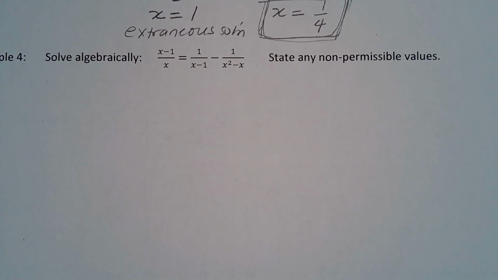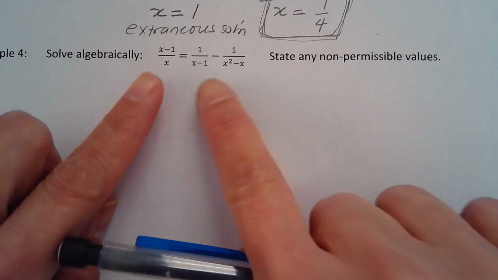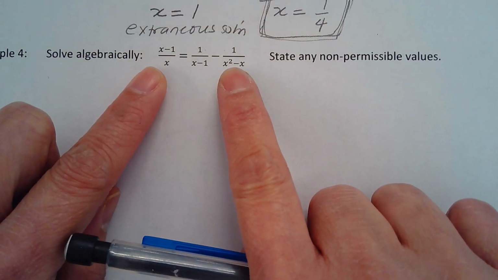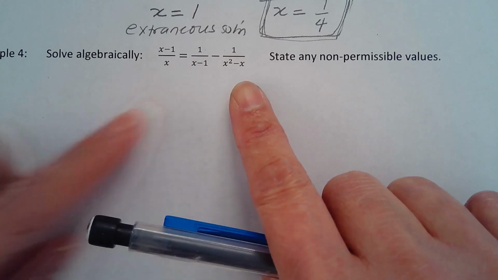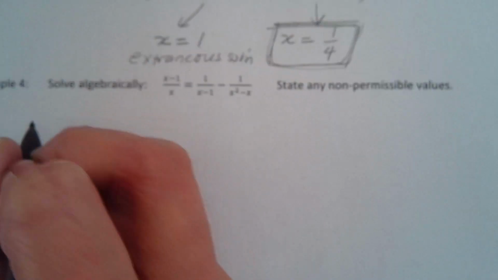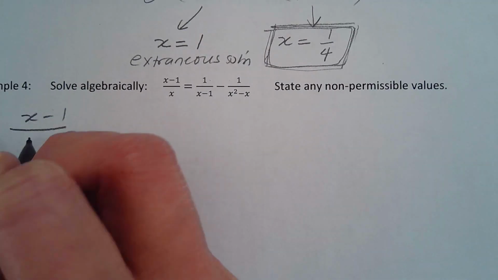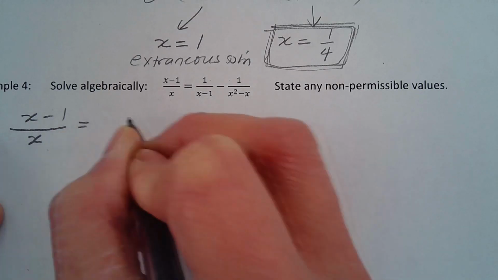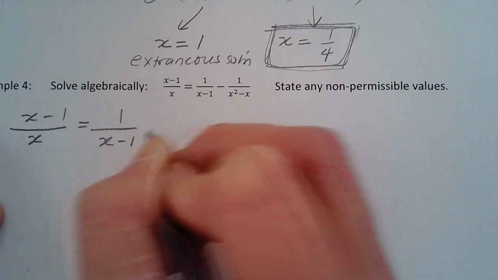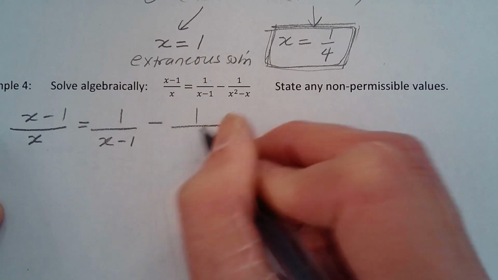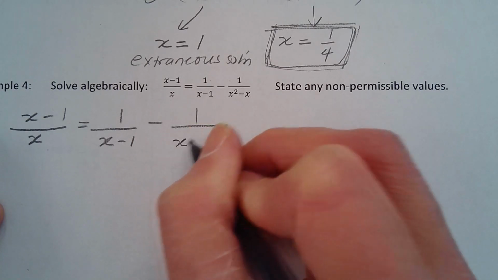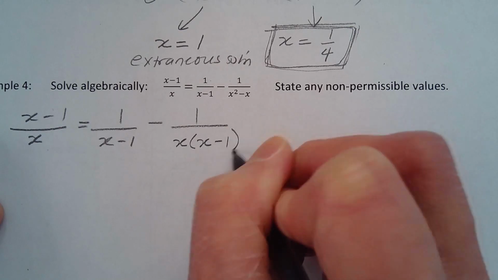Let's see this one. Let's factor out the denominator first, because that's going to make our life easy figuring out the non-permissible values. So it's going to be x minus 1 over x equals 1 over x minus 1 minus 1 over, okay, the common factor is x, so x times x minus 1.